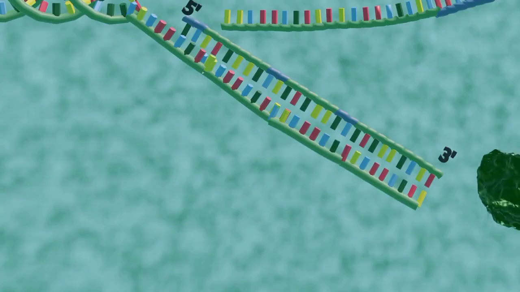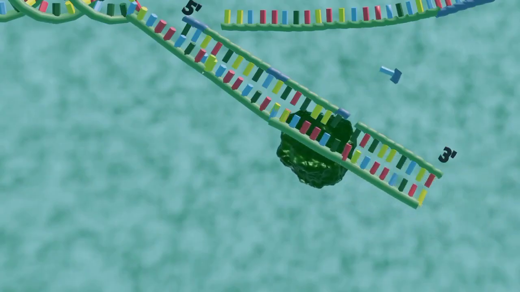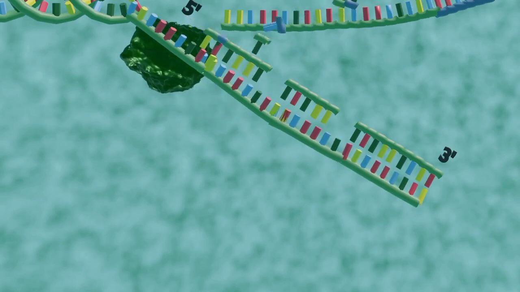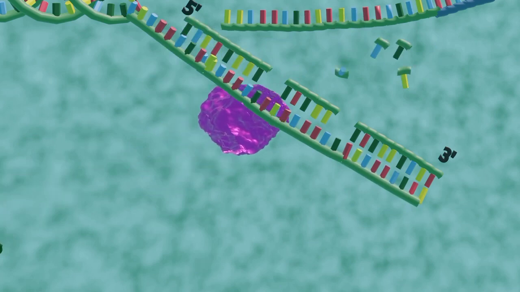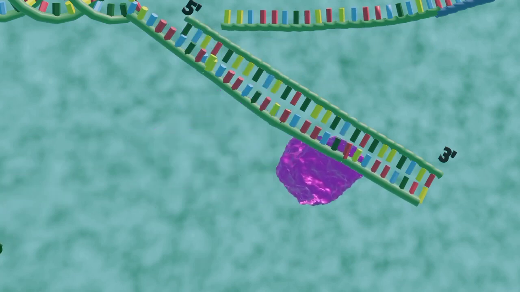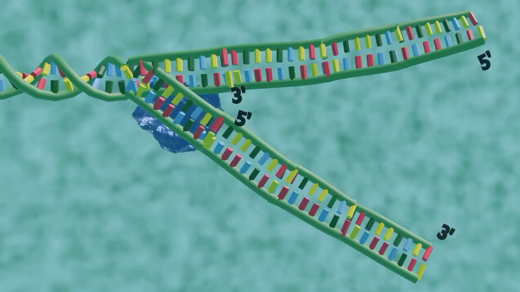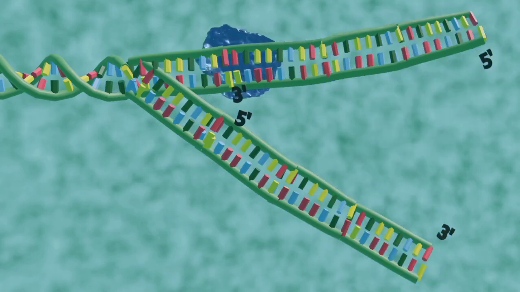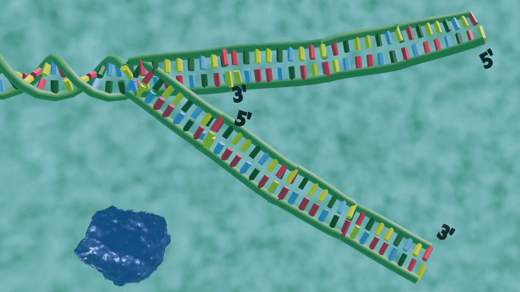Once all of the bases are matched up, an enzyme called exonuclease strips away the primer. The gaps where the primer were are then filled by more complementary nucleotides. Finally, an enzyme called DNA ligase seals up the sequence of DNA into two continuous double strands.